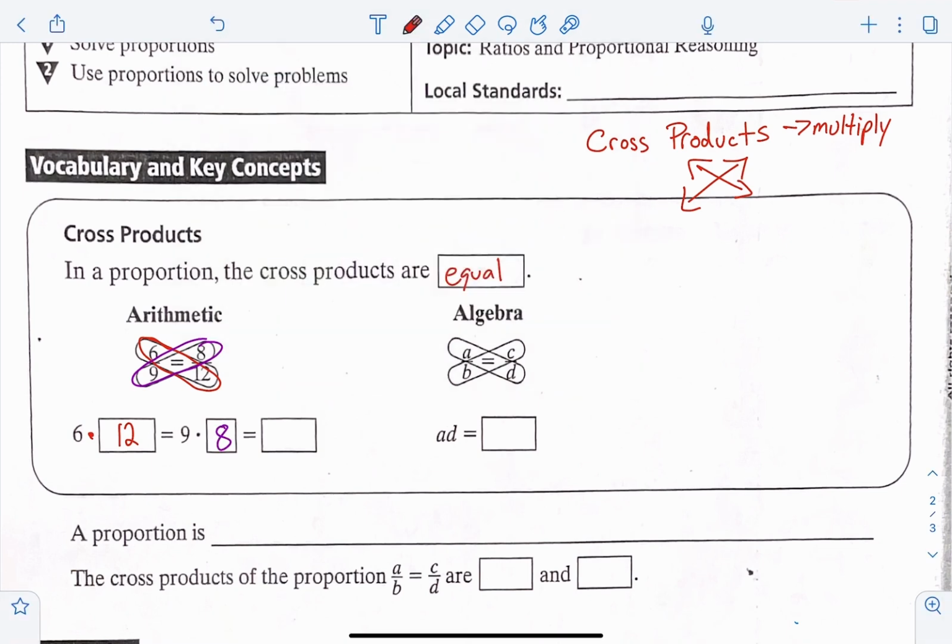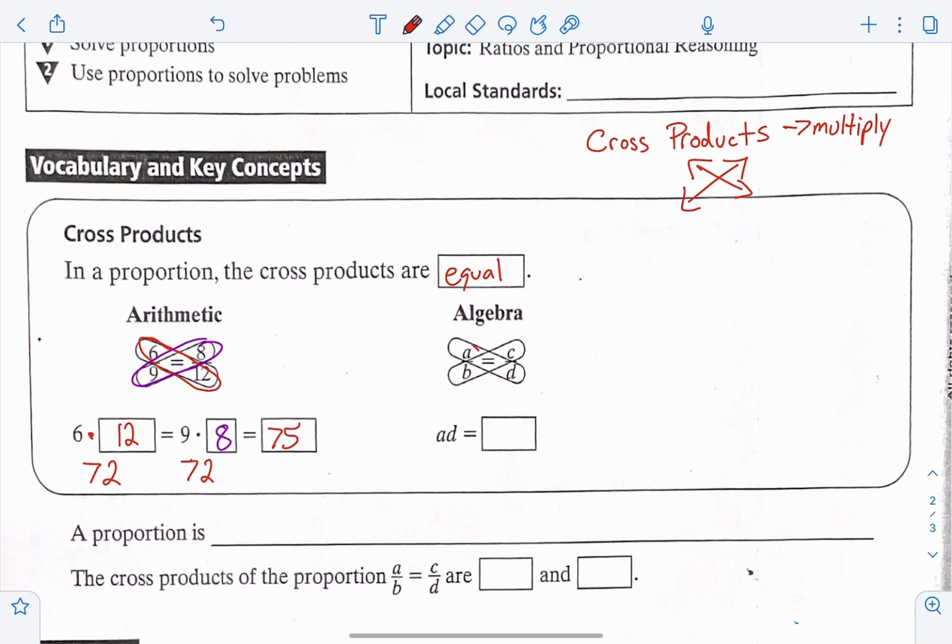So if I look at this, 6 times 12 is 72, 9 times 8 is 72, so they both equal 72. So this set of fractions, 6 over 9 equals 8 over 12, is proportionate. They are proportional. They equal each other if you crisscross multiply.